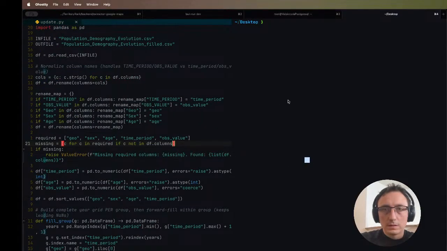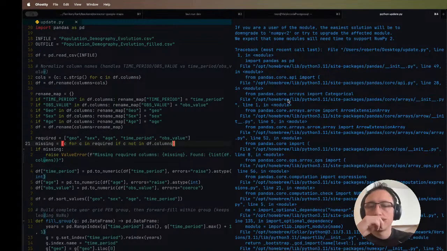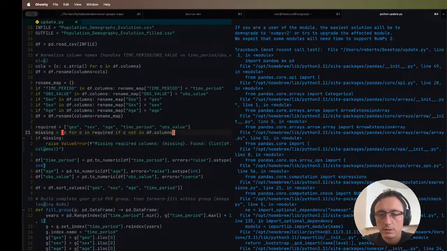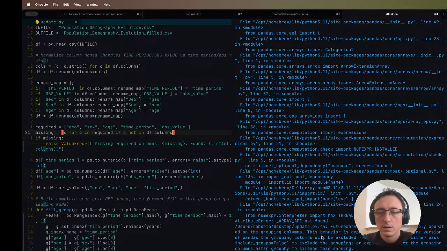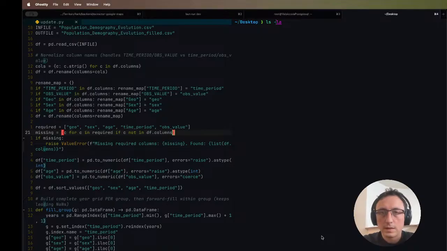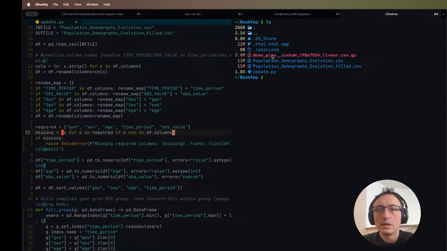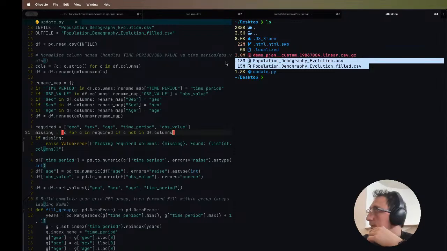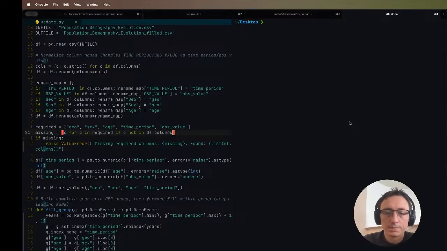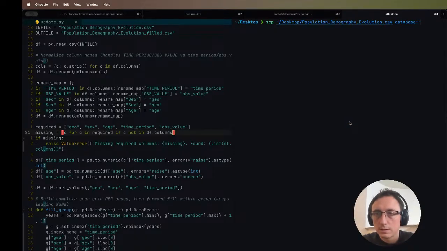So let's rerun the script. Okay, this one is a common mistake I get. Exactly. Now we can see that our filled database is slightly larger, which is good. So let's send the file to our server.